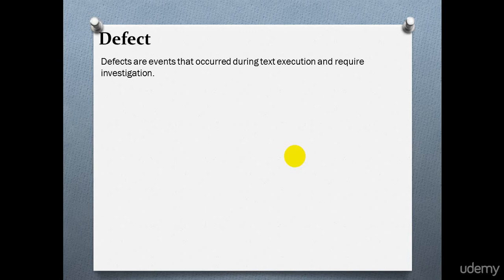This defect life cycle varies from organization to organization, and it is maintained by the software testing team. It varies based on the project and based on the defect tracking tool that is used by the team. We shall look into the life cycle of a defect.